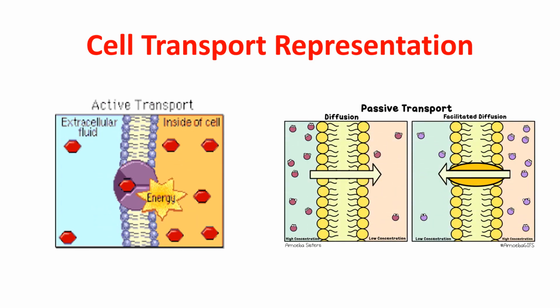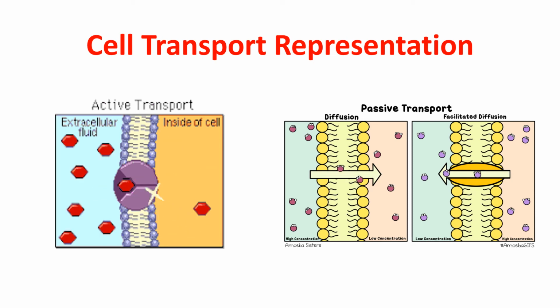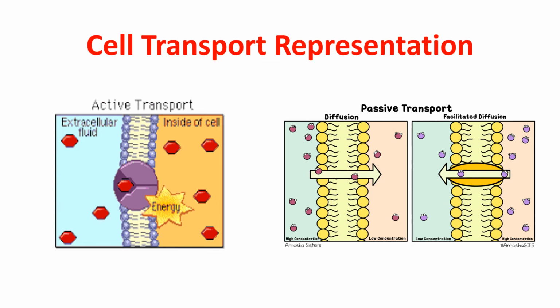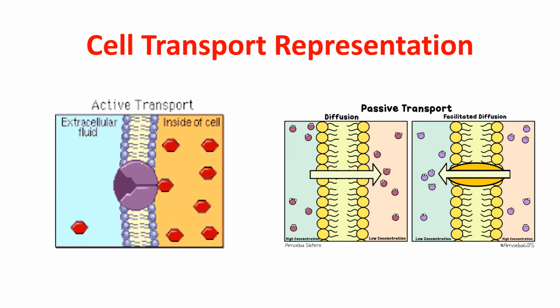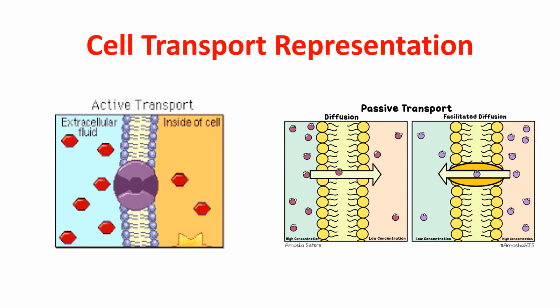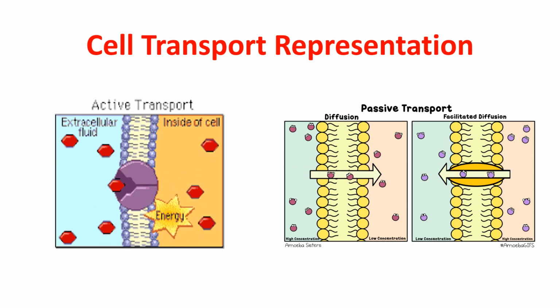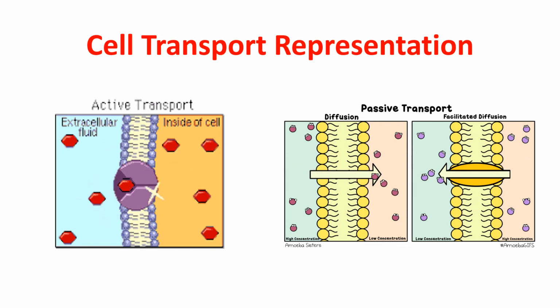The fluid which lies outside the cell membranes is called the extracellular fluid, and the fluid which lies inside the cell membrane is called the intracellular fluid. It is seen that the extracellular fluid contains large quantities of sodium and a small amount of potassium.